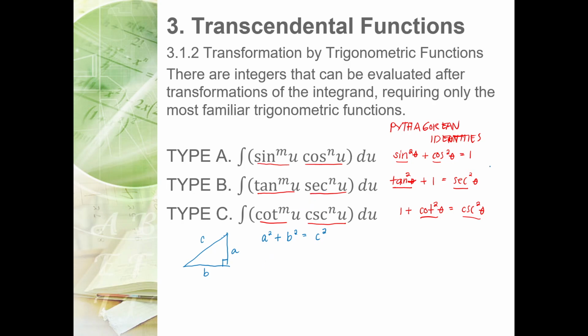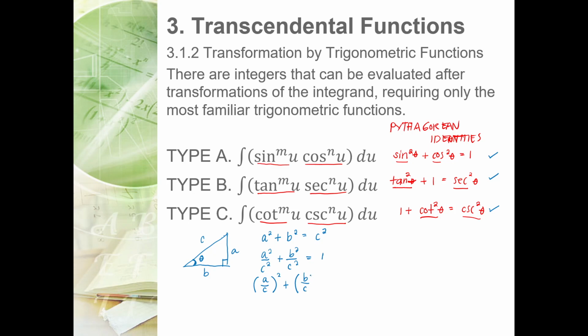To determine these three Pythagorean identities, we need to let one angle be equal to theta. Let's say this particular angle. Next, we divide everything first by c squared to get the first formula. So we have a squared over c squared plus b squared over c squared is equal to 1.